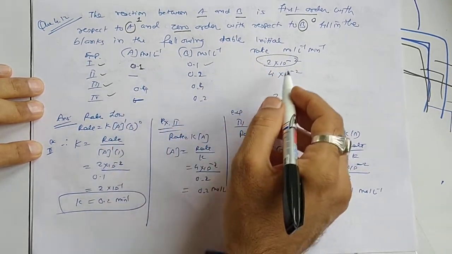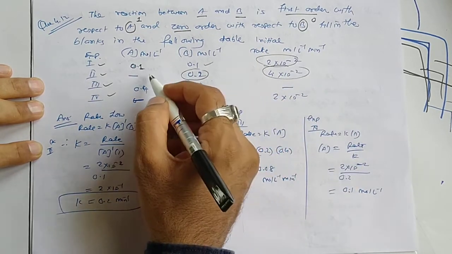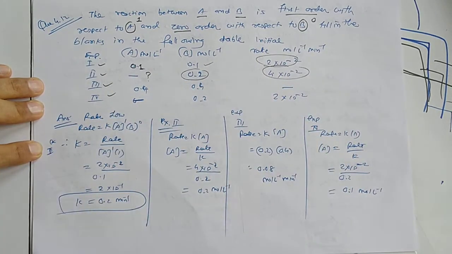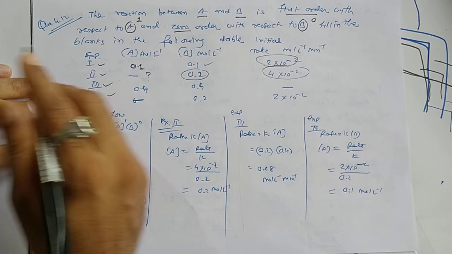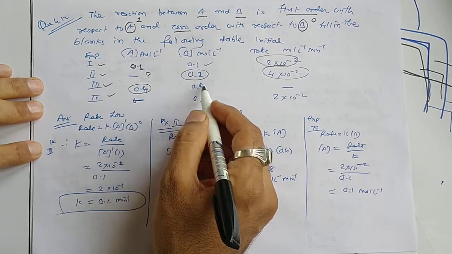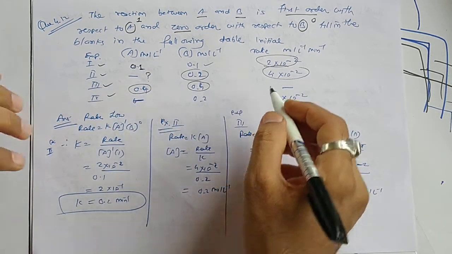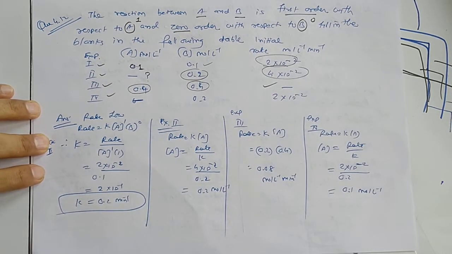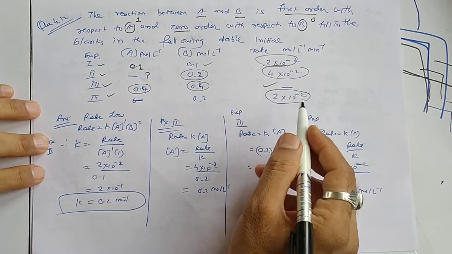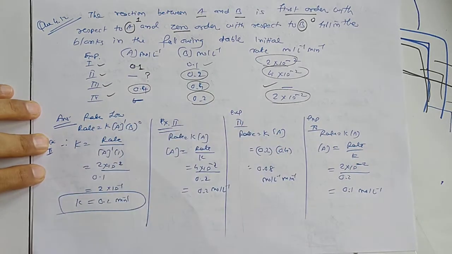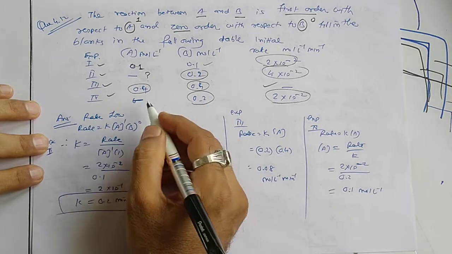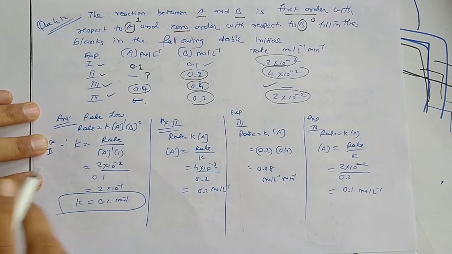But in the second, the rate and concentration of B are given, so we have to derive the concentration of A. In the third experiment, the concentrations of A and B are given, and we have to derive the rate of reaction. In the fourth, the rate of reaction and initial concentration of B are given, and we have to derive the concentration of A.